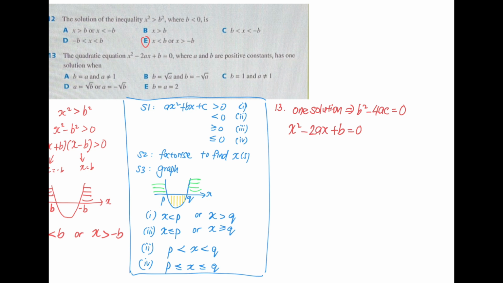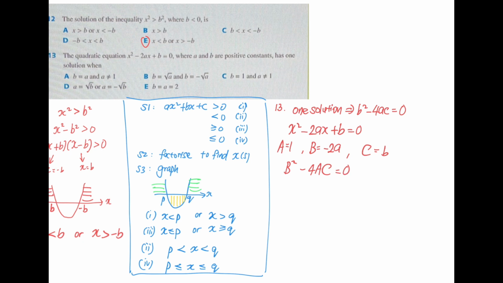Okay, so I write back the quadratic. X squared minus 2ax plus b equal to 0. So let's say I use capital letter, since small letter a and b has been used by them. So my A is 1, my B is minus 2a, my C is b.